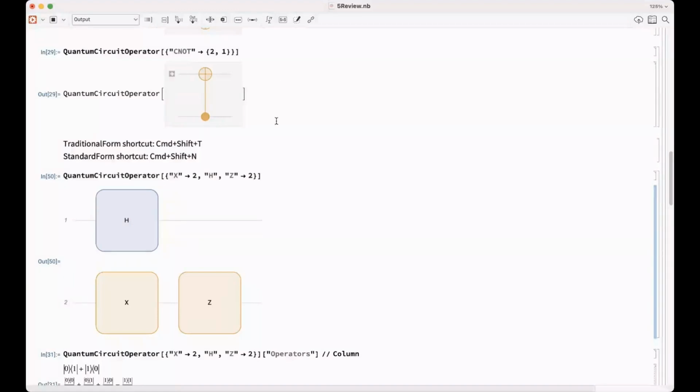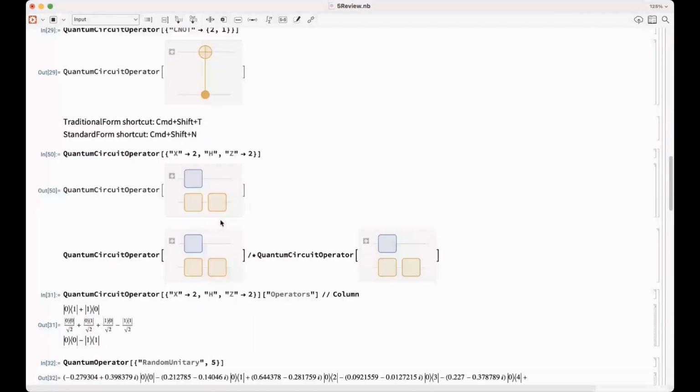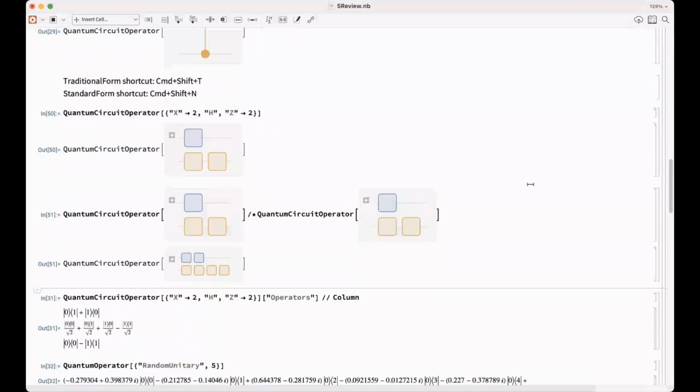And if you want to see the object again, you press command shift and go back to the standard form. Why is it important? Because the diagram is only a diagram. You cannot apply a diagram on a quantum state. But if you keep it as a circuit operator, it can act on another quantum state, or you can form a composition.